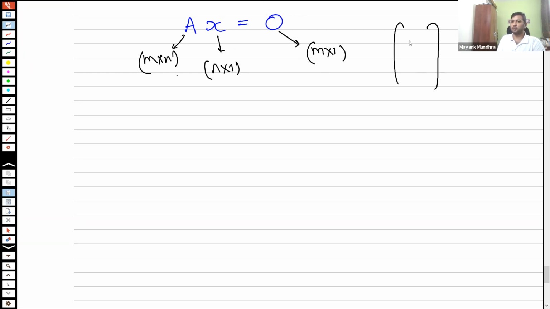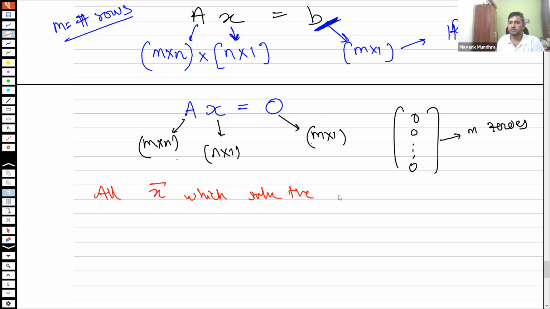So this is going to be a sequence of m zeros. That is what I mean by Ax equals 0. So all x which solve the above equation belong to the null space of A.